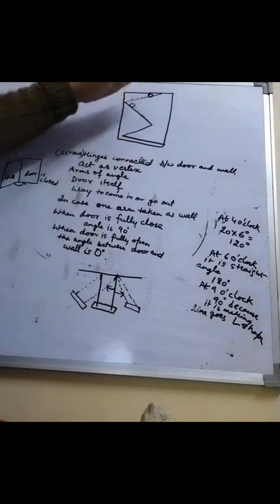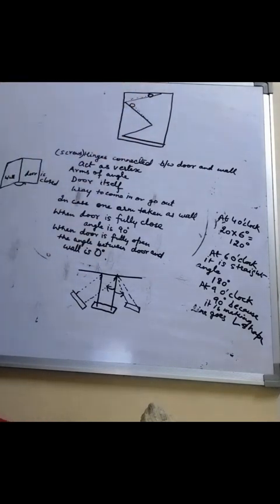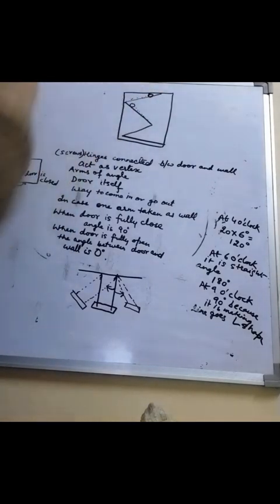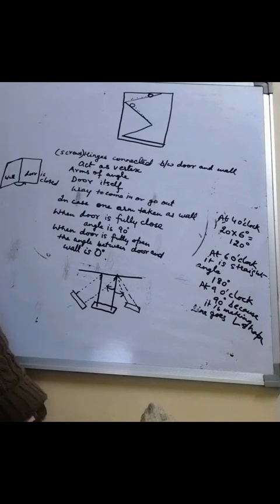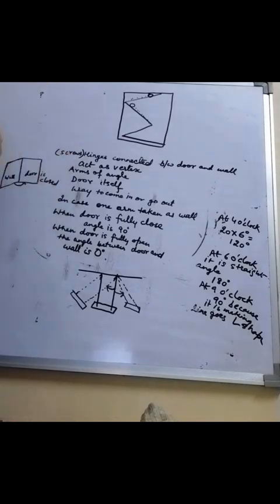And how the slab angle would affect the ball rolling over it. Okay, so if the slab is less slanting, then the speed would be less. Question number 4.